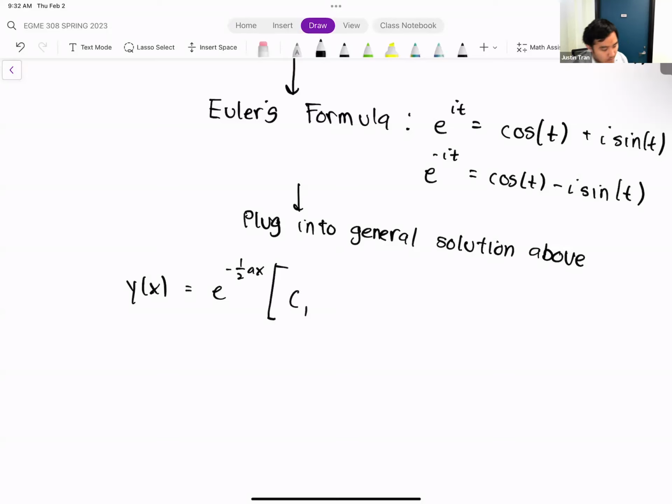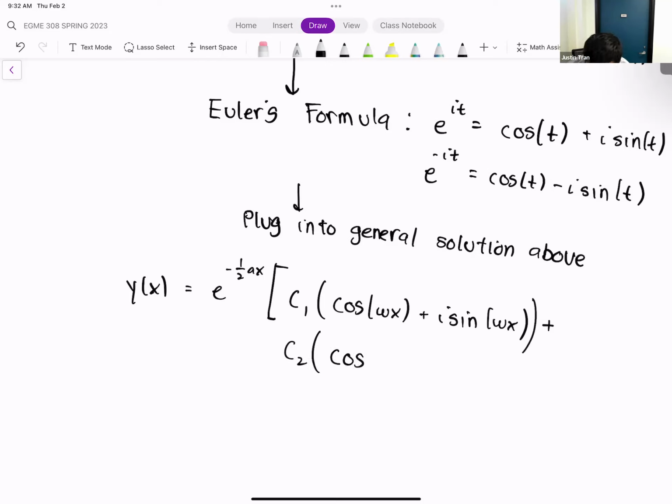And then we have c1 e to the i omega x, and so we're going to replace that with cosine omega x plus i sine omega x. Plus, and then we're going to do the same thing for c2. For c2 we have e to the minus i omega x, and so we have c2 times cosine omega x minus i sine omega x.